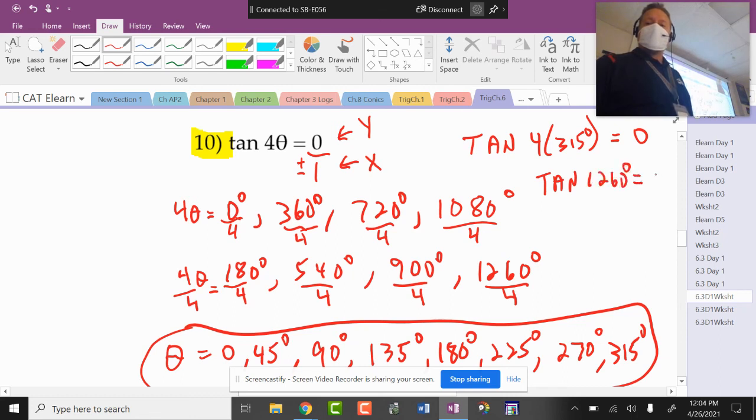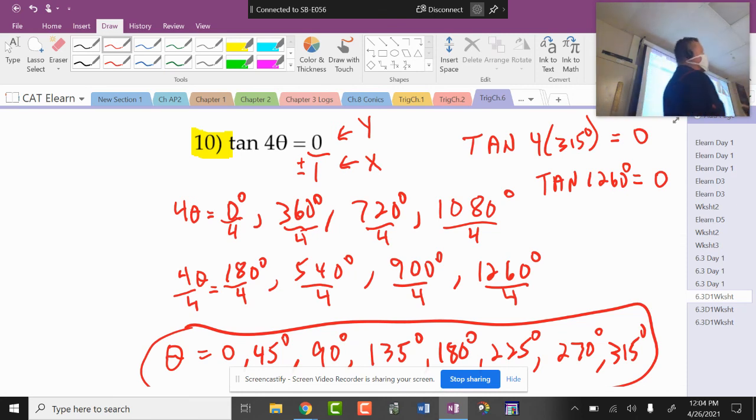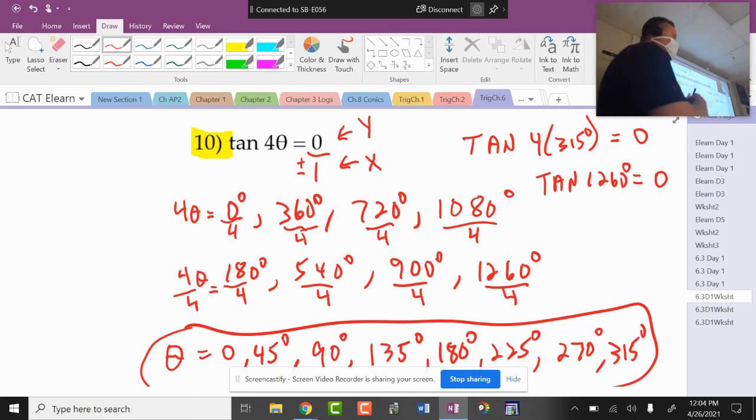It lands in the same spot as 180 just after 3 rotations. So it takes 4 rotations to get in the same spot. So it should give the same fractions, or the same letters, x, y, and r. In this case, it'd be 0 over -1. But that's the idea why these answers work and why you do what you do.